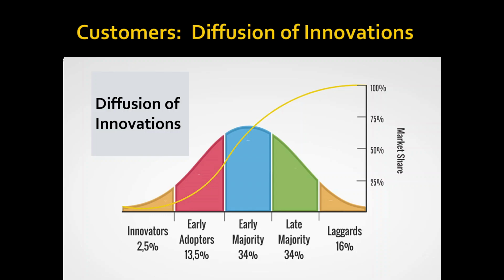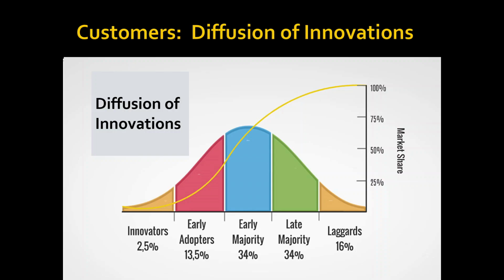In looking at this normal curve or distribution of potential adopters of a new product, you can see that innovators and early adopters, while really important to get the ball rolling, aren't enough to usually ensure success. It really takes the onset of the early majority for a new type of product to be successful.